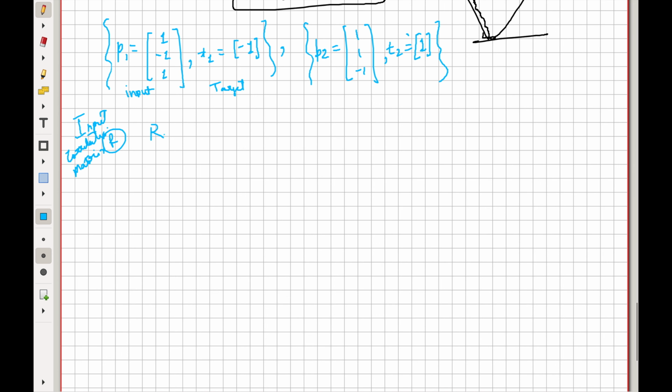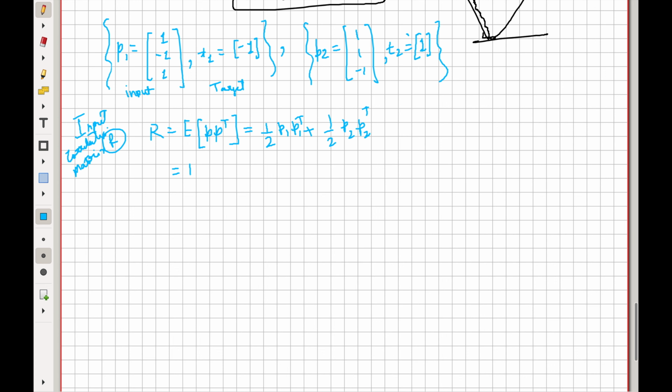So R is equal to the expected value of P P transpose, and so this would be 1/2 P1 P1 transpose plus 1/2 P2 P2 transpose. This is P1 P1 transpose.